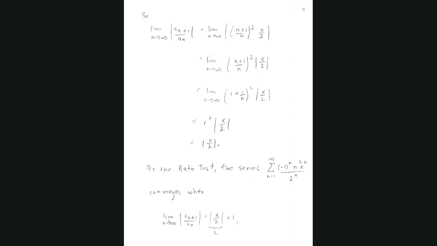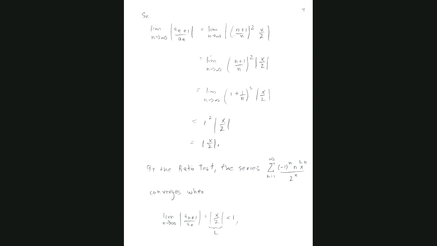So now the limit as n goes to infinity of the ratio of the n plus first term to the nth term is equal to the limit as n goes to infinity of the absolute value of n plus 1 over n squared times x over 2.